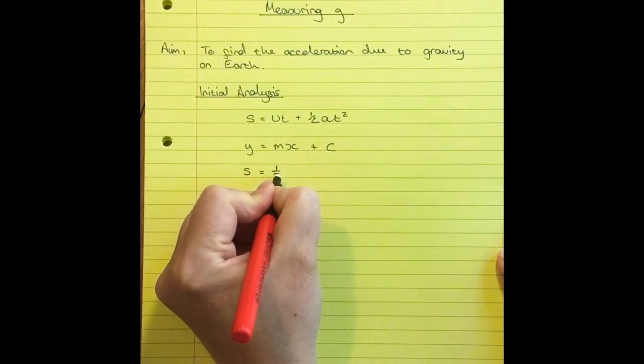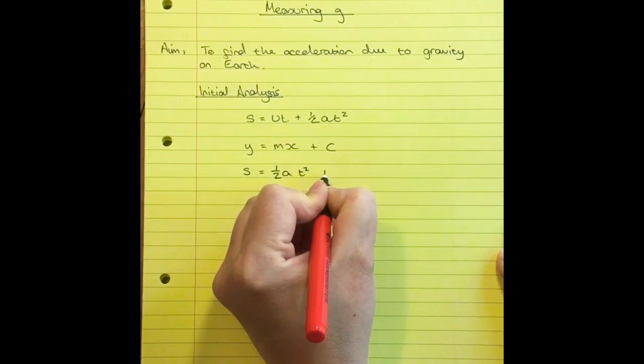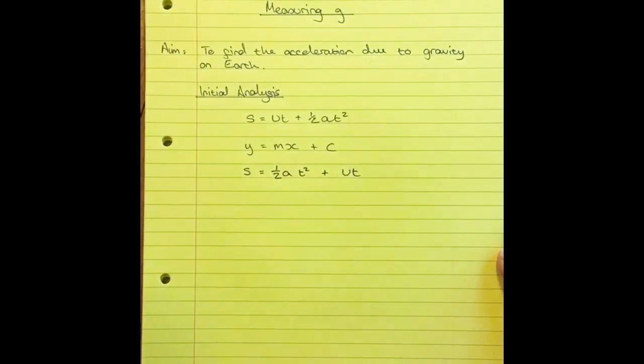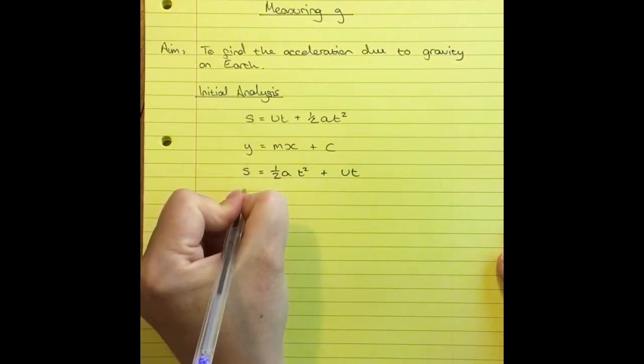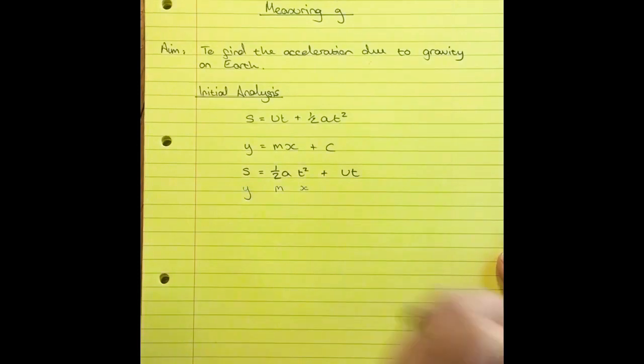So our m is a half a, our x is t squared, plus ut. Okay, so there is our y, there's our m, there's our x, and there's our c.